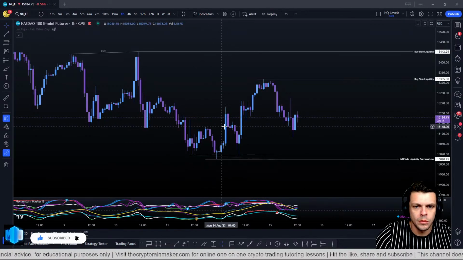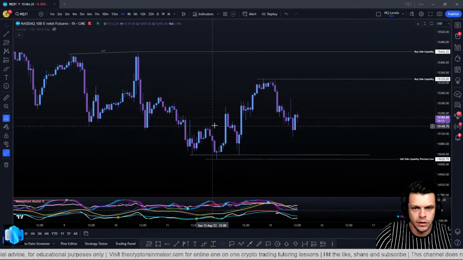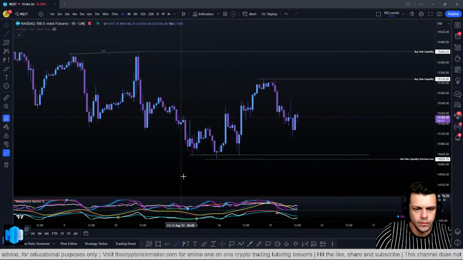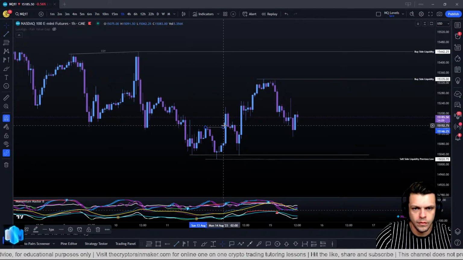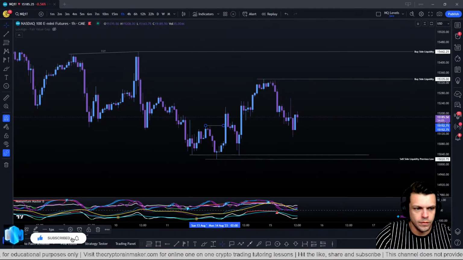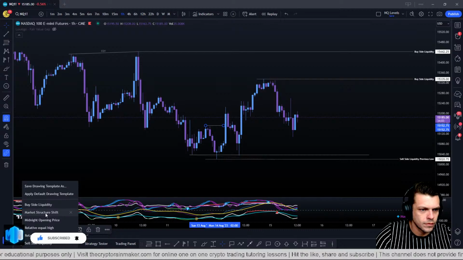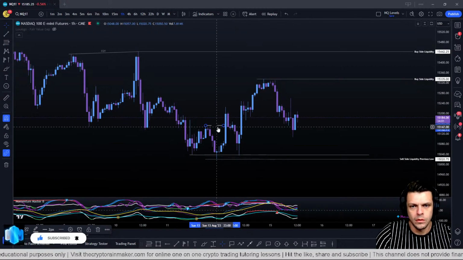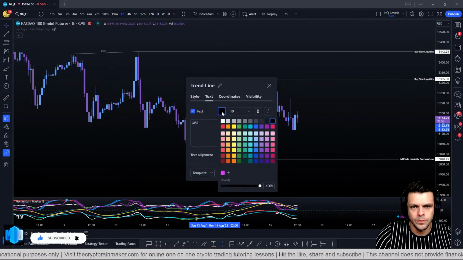We also had that market structure shift right here. So that was our shift in market structure.